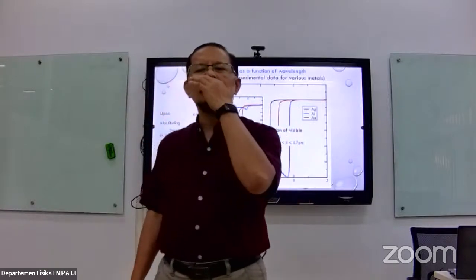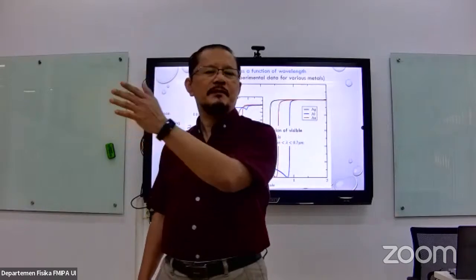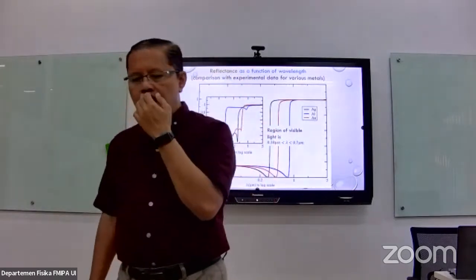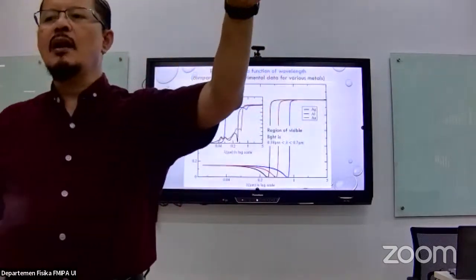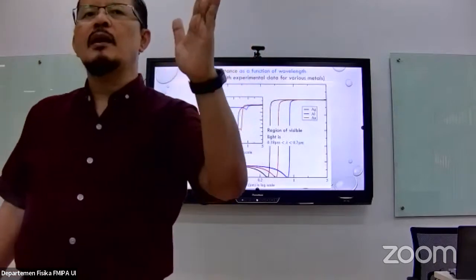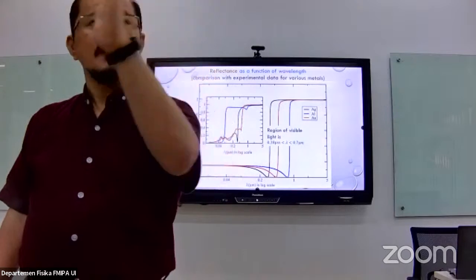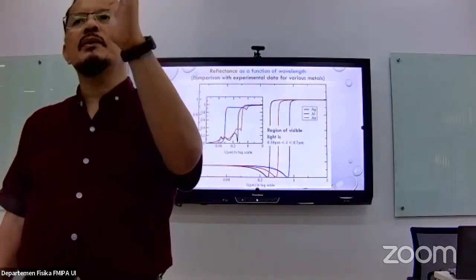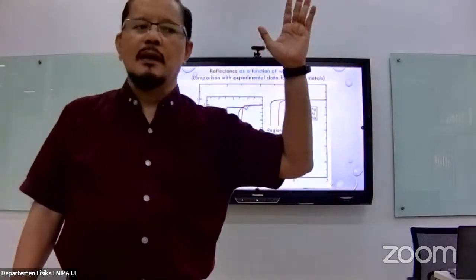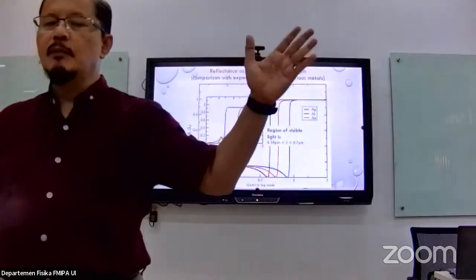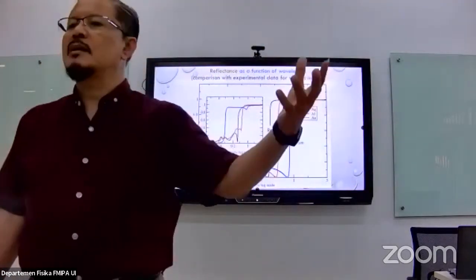If it is already 2 eV or 3 eV, that's already UV. So all visible light is smaller in frequency compared to the omega p of metals.